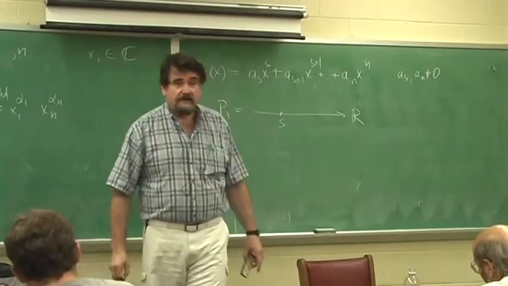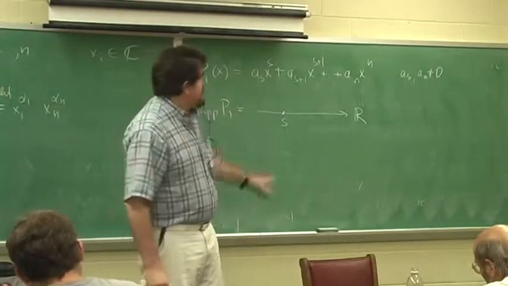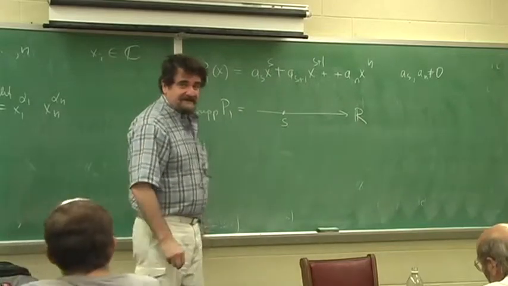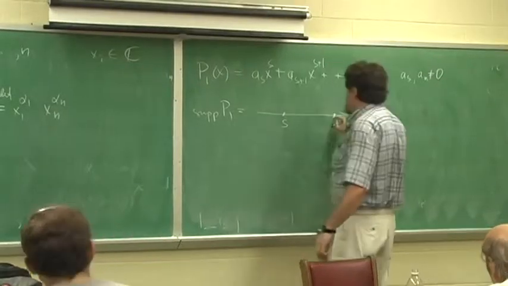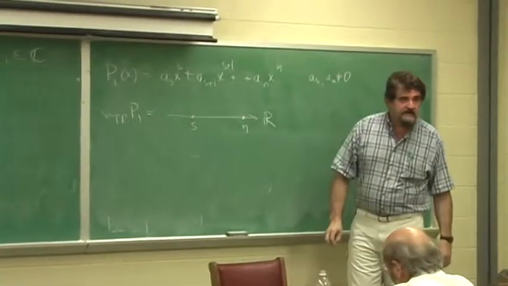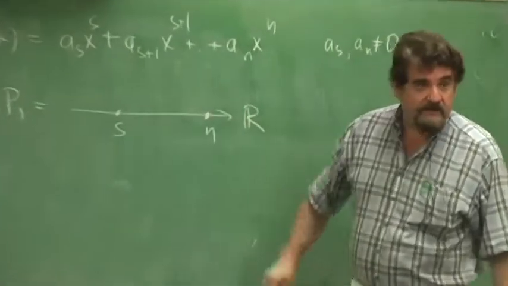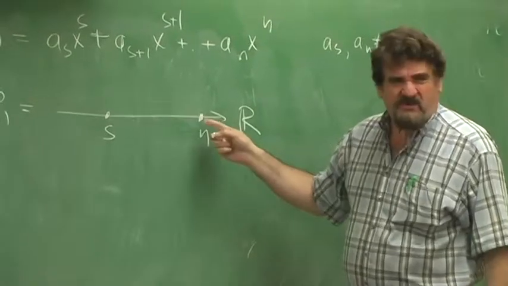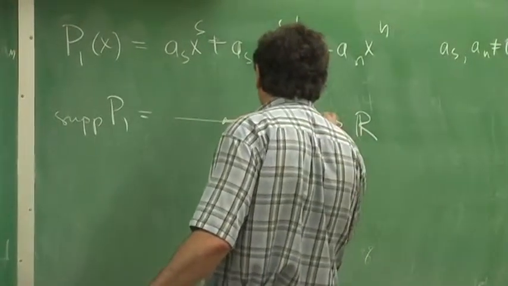Why do the coefficients have to be real? They're not necessarily real. These are the powers that are real. And there is n. These two guys are definitely in the support. Maybe there is something else between them, but these are. So actually I do not know the support itself, but I at least know the convex hull of the support.